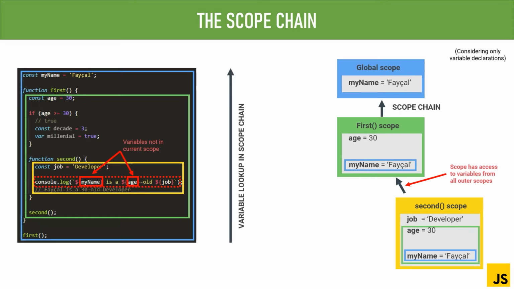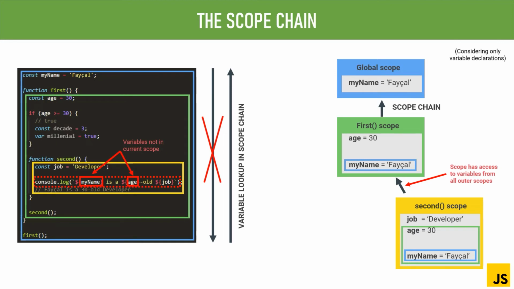Now, it's important to note that these variables are not copied from one scope to another. Instead, scopes simply look up in the scope chain until they find a variable that they need and then use it.